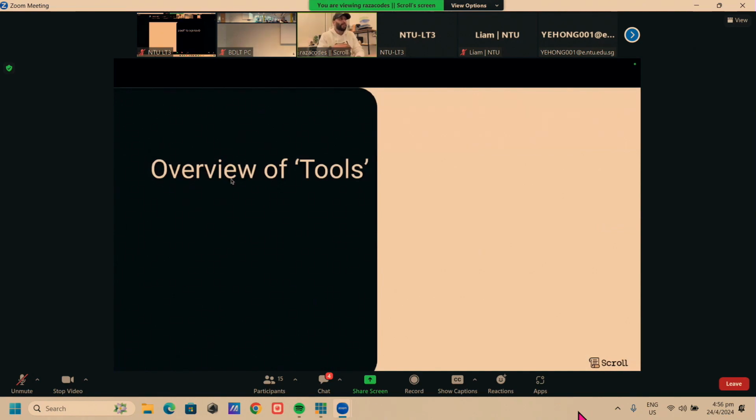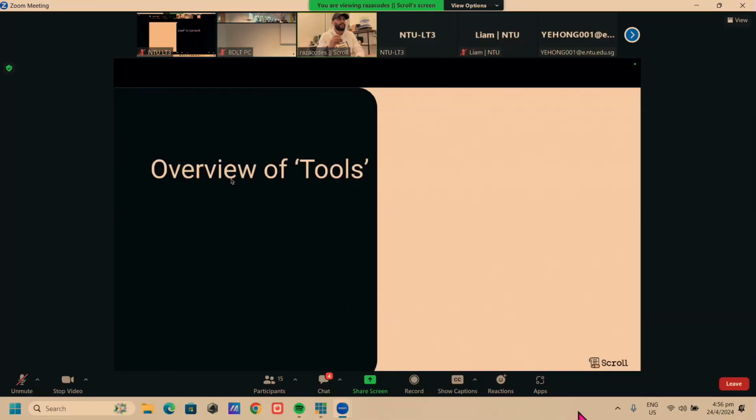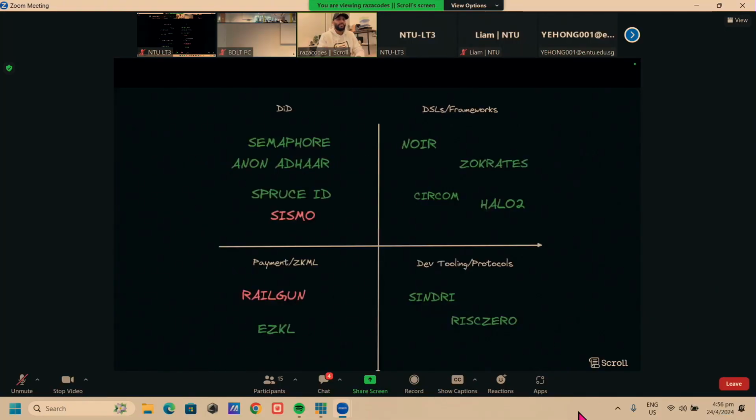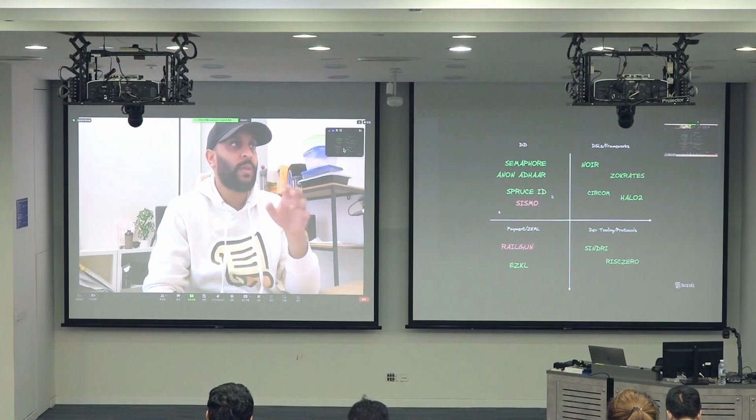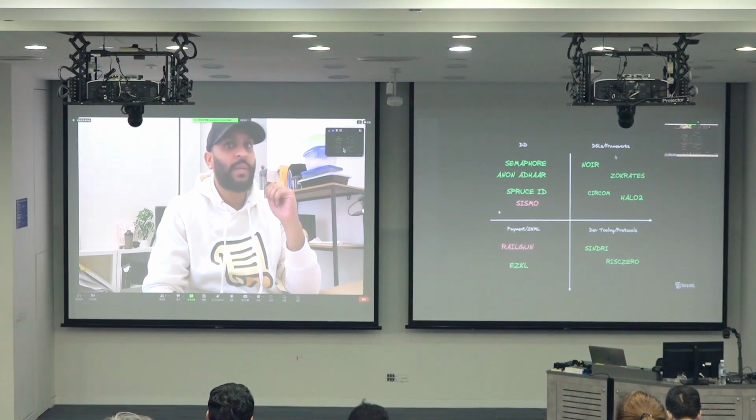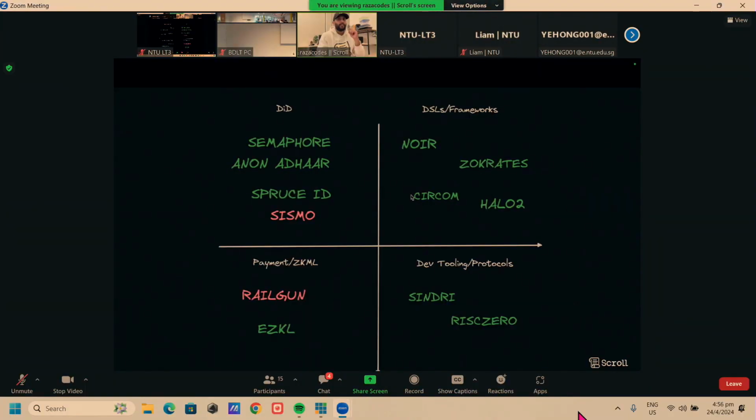I want to give you an overview of tools, and then we'll tie it all together at the last slide. Today, I couldn't find a good overview, so this is not one-to-one accurate. But today, when you want to get started with zero knowledge proofs, depending on what you want to do, you would have DSLs or frameworks here in the top right, and these are languages that allow you to generate zero knowledge proofs based on the constraints that you define in the circuit.